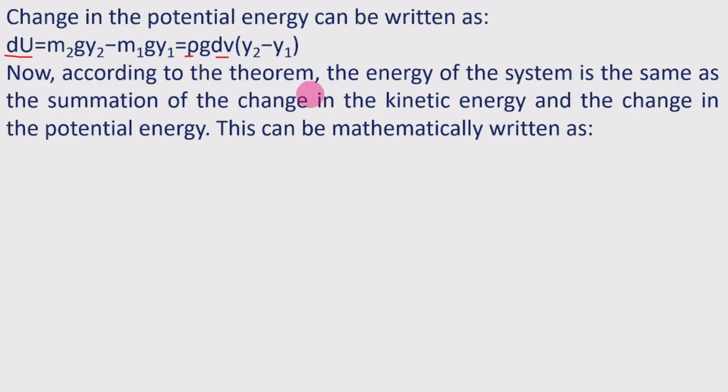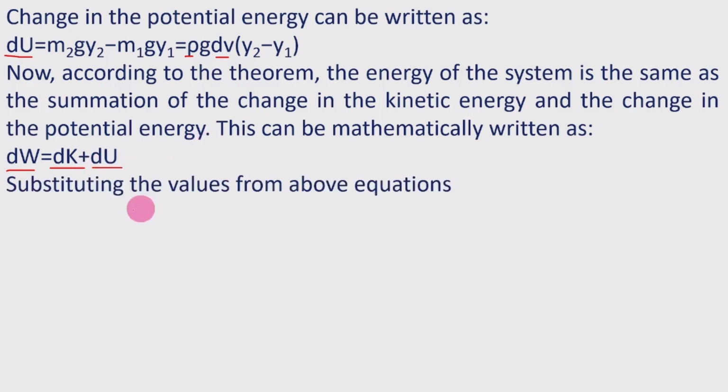Now, according to the work-energy theorem, the work done on the system is the summation of the change in kinetic energy and the change in potential energy. This can be mathematically written as dW equal to dK plus dU.